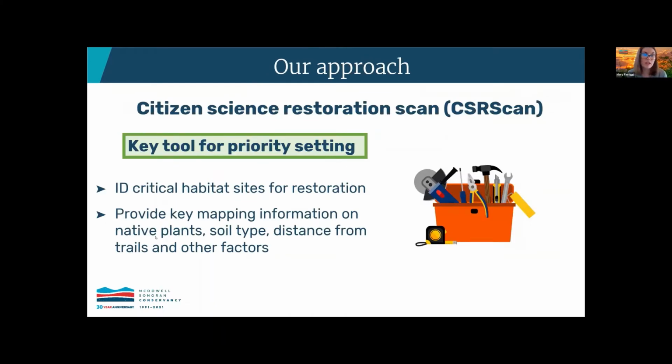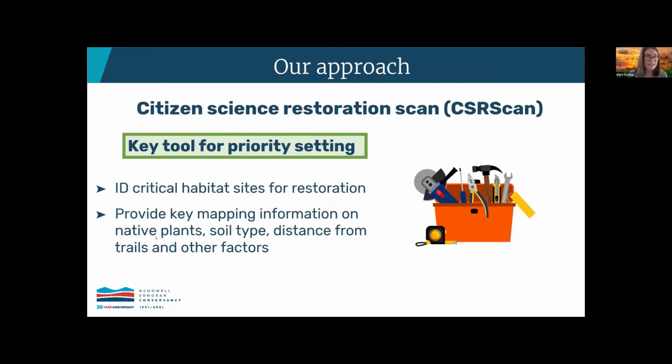So for our approach, we have the citizen science restoration scanning approach. It's a remote approach and it can be conducted over a relatively short period of time. We use multiple volunteers to do this, and it allows managers to undertake landscape level restoration prioritization and planning.